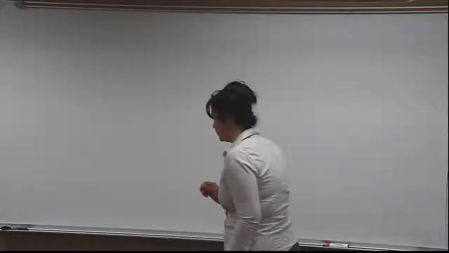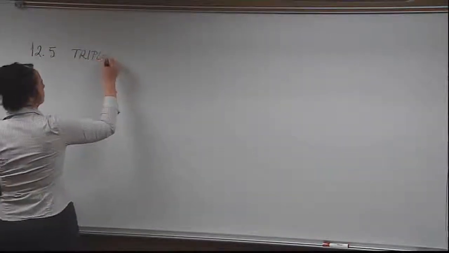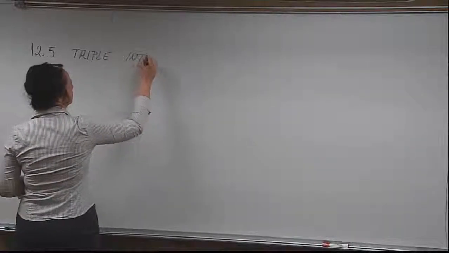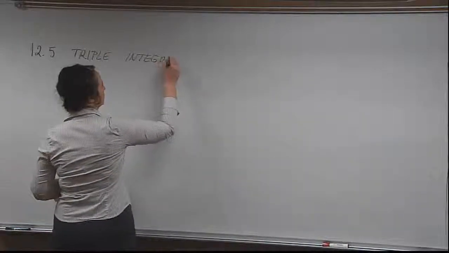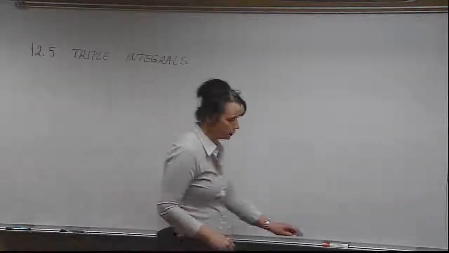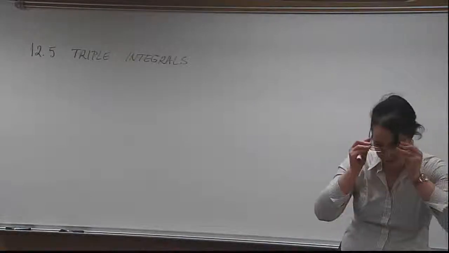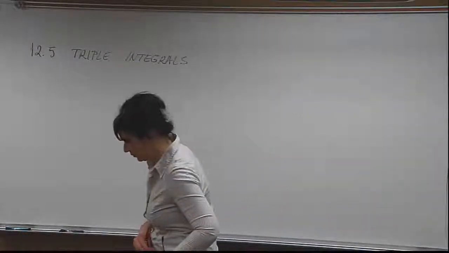Okay, 12.5 is the name of the section, triple integrals. So what should you imagine? You should imagine that somebody gives you a function of 3 variables.